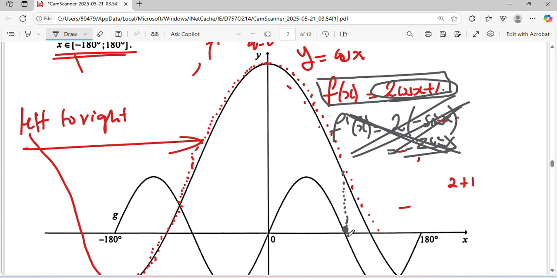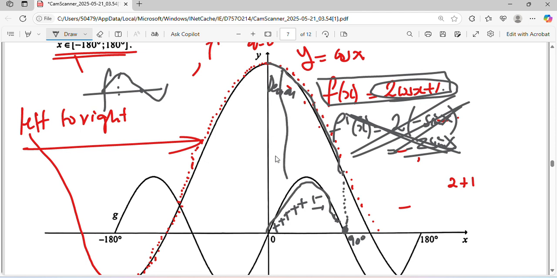Because we know the normal graph goes this way, here it's 90, then 180, that means x here is 90 degrees. So from zero until x is 90 degrees, this is positive, it's above the x-axis, and this is decreasing.